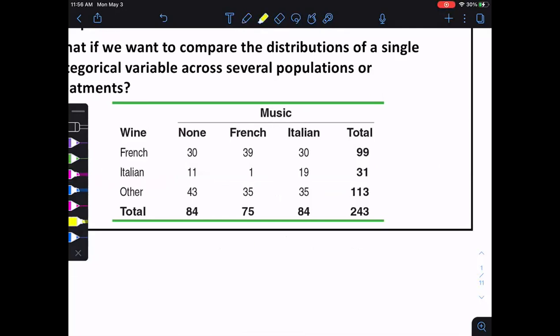What I want you to see when we're talking about degrees of freedom is that we looked at the number of rows compared to the number of columns. For the degrees of freedom, we took the number of rows minus 1 multiplied by the number of columns minus 1, and in this case we get a degree of freedom of 4.